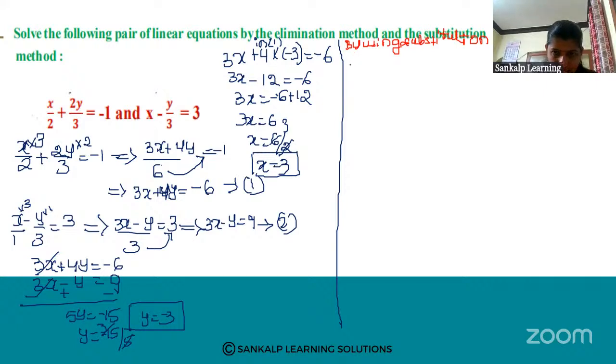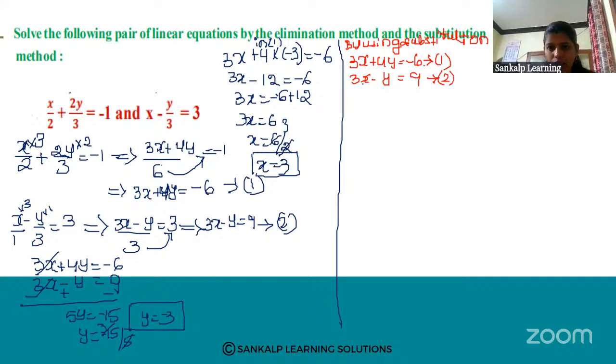That is 3x plus 4y is equal to minus 6. This is equation number 1. And 3x minus y is equal to 9. This is equation number 2.